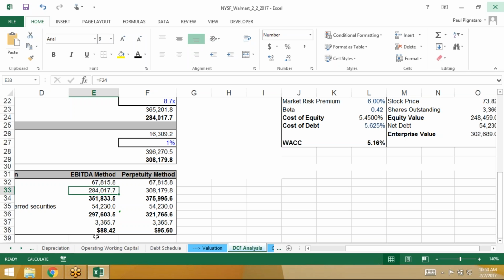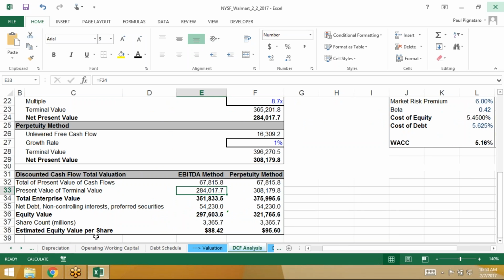Give up? How are you thinking about it? Think about how we got the enterprise value on both methods. So taking the EBITDA method, we have the enterprise value coming from the debt and the equity value.